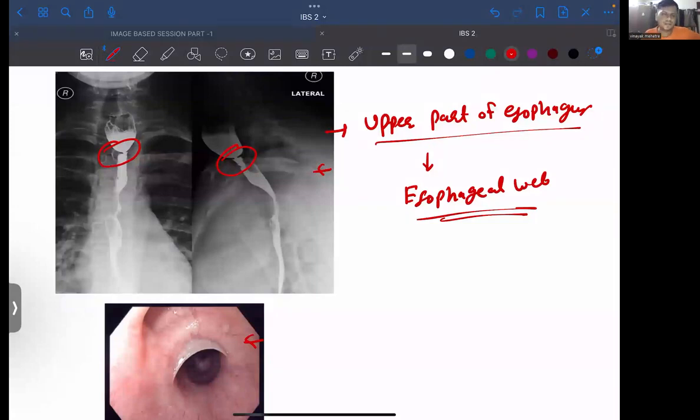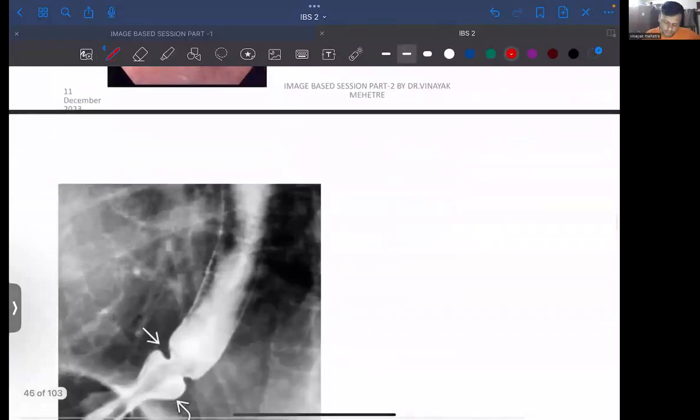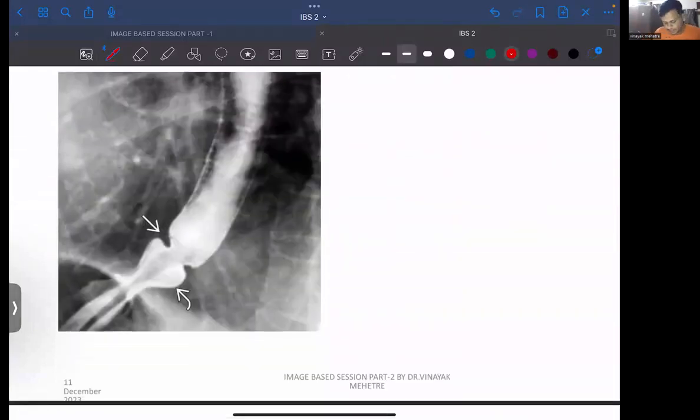Esophageal web. Now comes constriction of esophagus in lower part. यहाँ से stomach start हो रहा है. This is esophagus. Okay, constriction of esophagus in lower part.